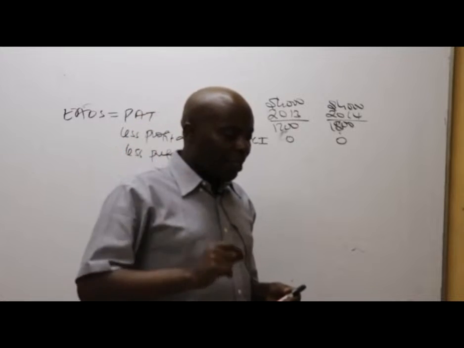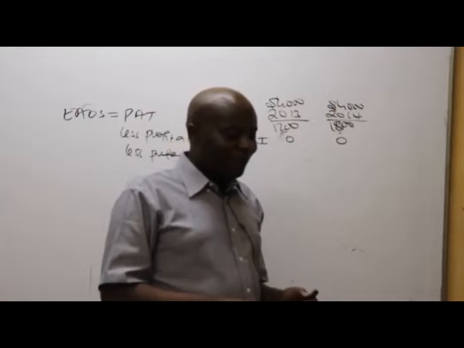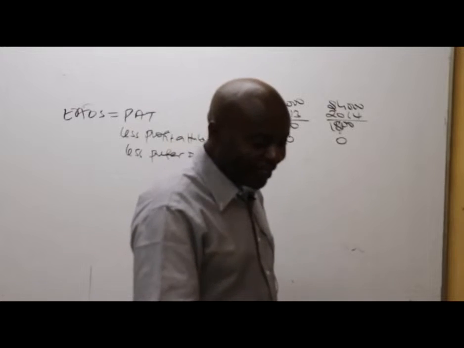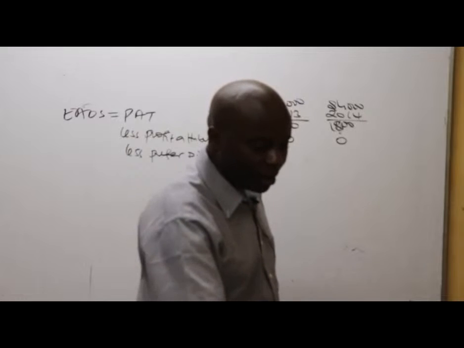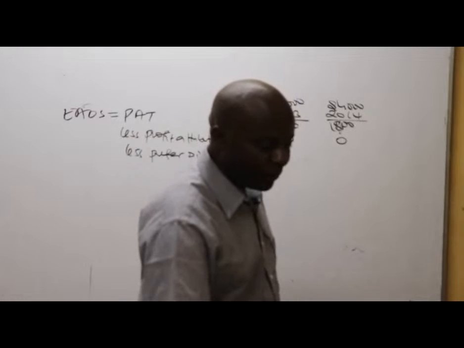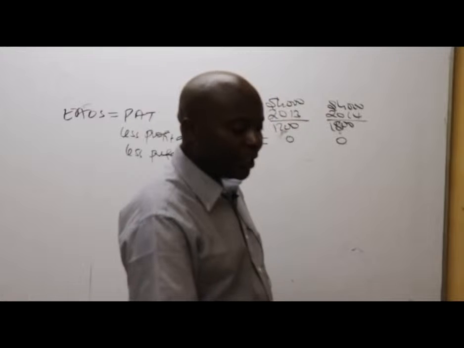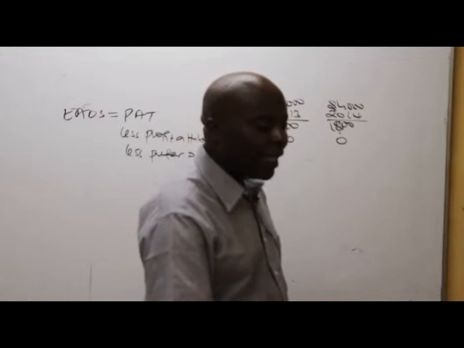Can discontinued operation go into basic EPS? Can we bring the profit of discontinued operation into basic EPS? Please talk to me. It will go to diluted. It will affect diluted.